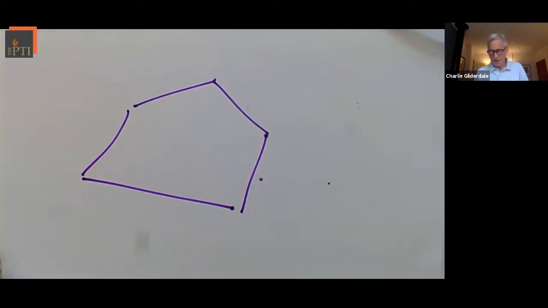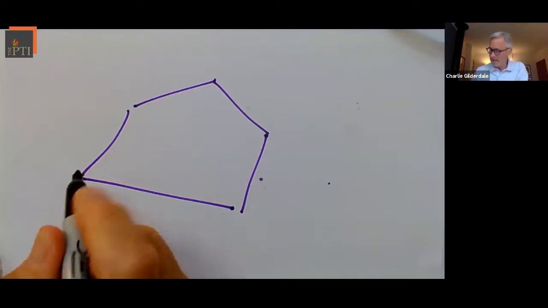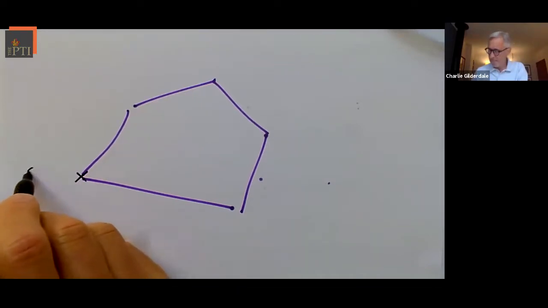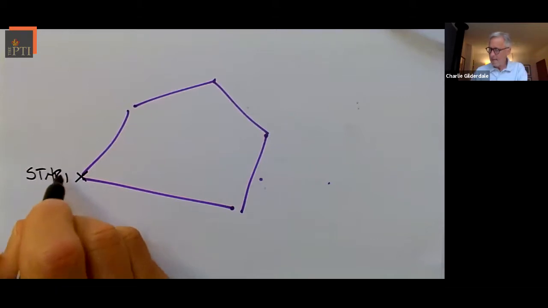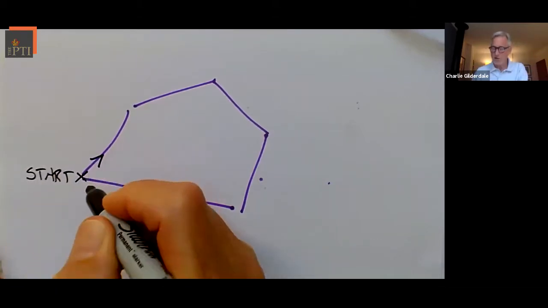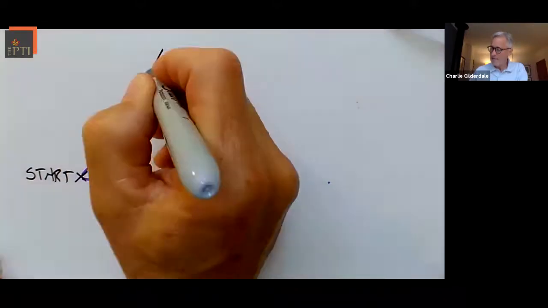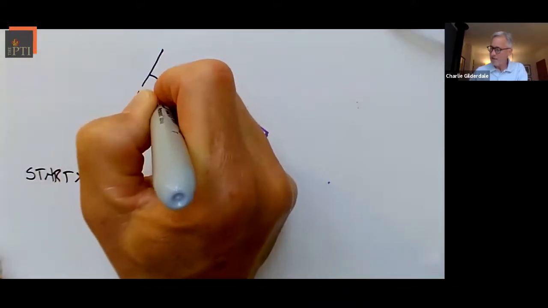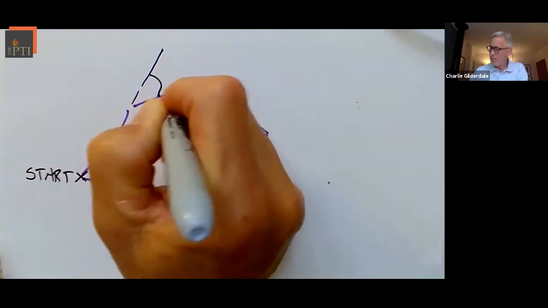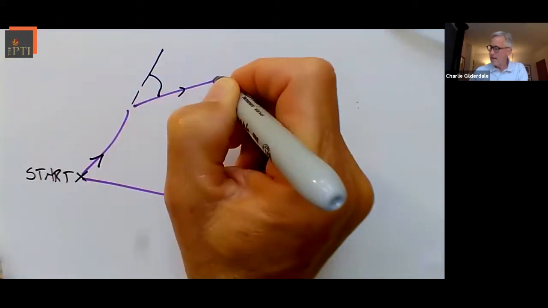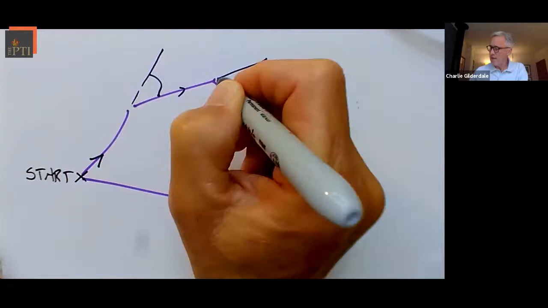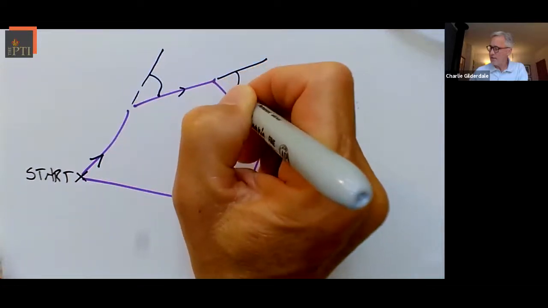So I'm going to start here, and I'm going to be facing in that direction, and I'm going to walk, walk, walk, walk, and then when I get to this point, I'm going to have to turn, and then walk along there, and when I get to this point, I'm going to have to turn.